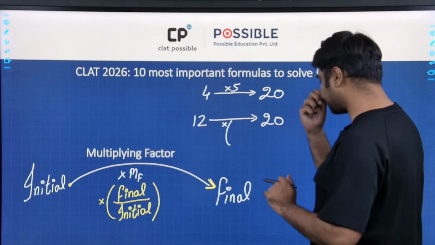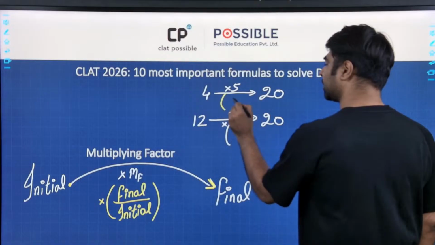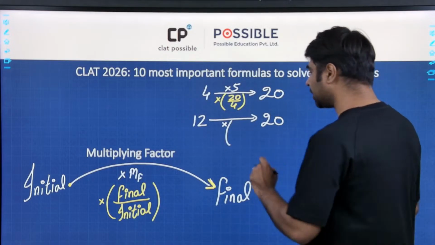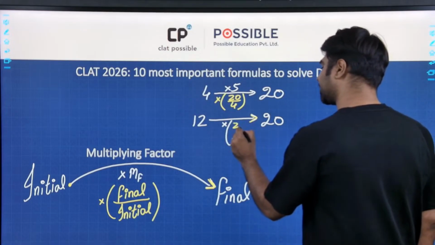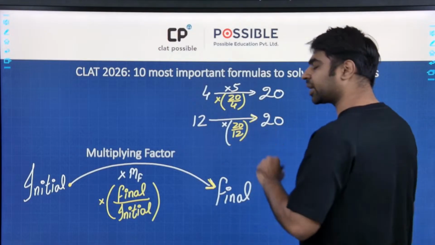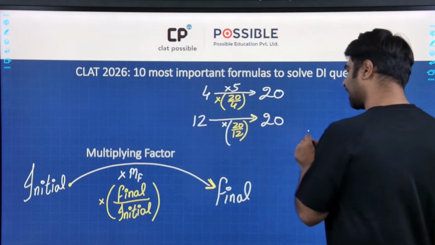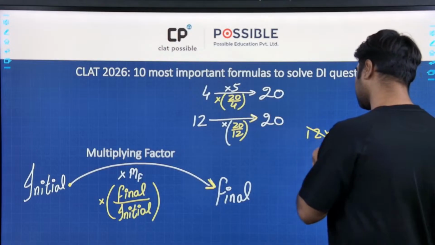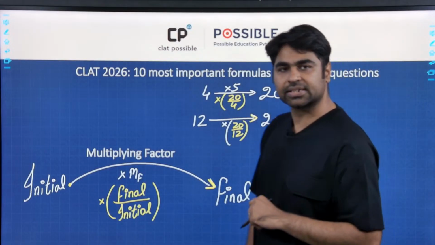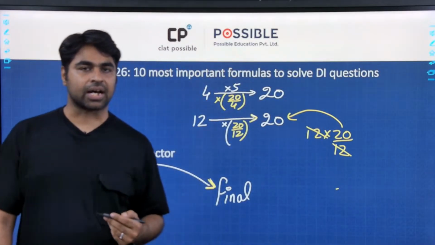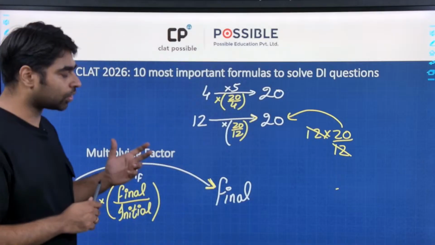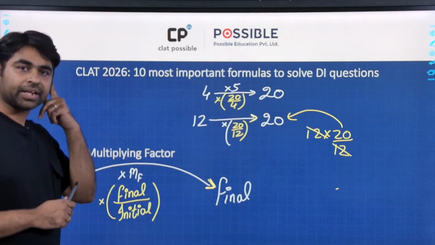The same thing here: final is 20, the initial is 4. Simplified, you'll get the answer 5. Final is 20, the initial is 12, that will be your answer. Check it out: is 12 into 20 upon 12 going to give me 20 as my answer? Yes, it is. So these are the formulas that you should always know and remember. This is what we call the multiplying factor logic.